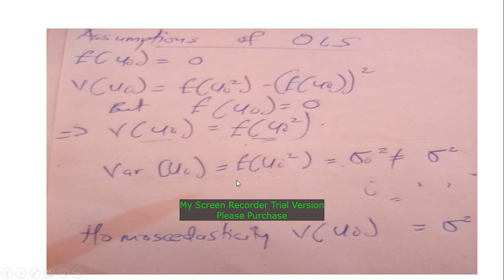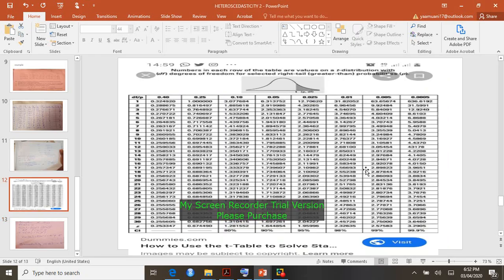Anytime we have the variance of ui equal to sigma i squared, it means that heteroscedasticity exists, in that it is as a result of i varying. Because of this i, we can have variance of ui equal to sigma 1 squared, sigma 2 squared, and so on and so forth. So let's get back to our slide.